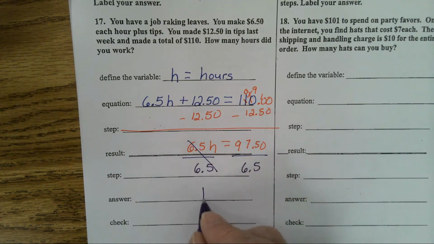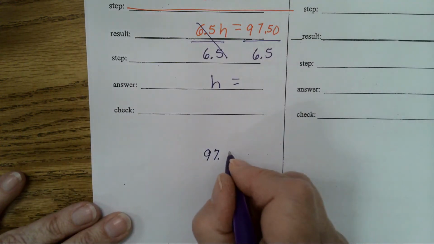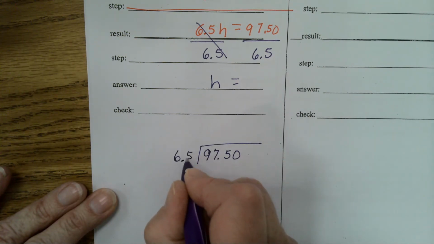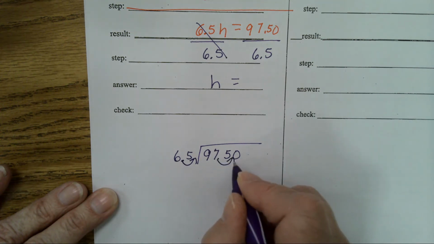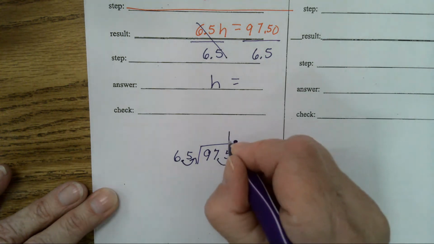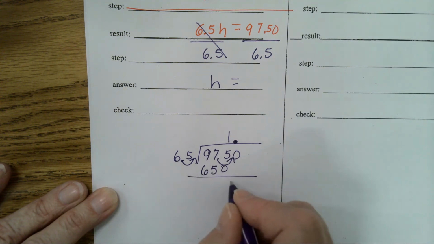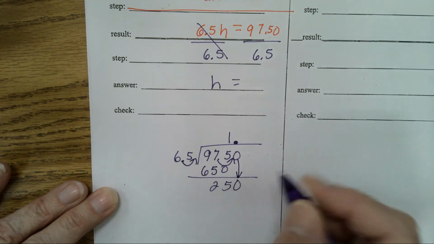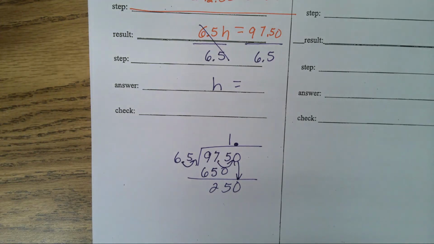And your answer, H equals $97.50 divided by 6.5. You move it once, goes into it one time, subtract, let's see.